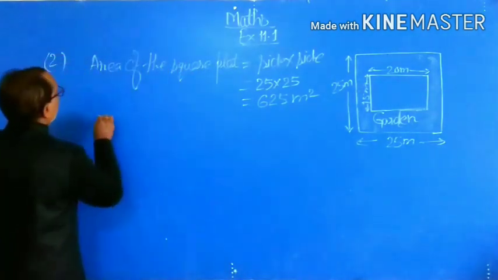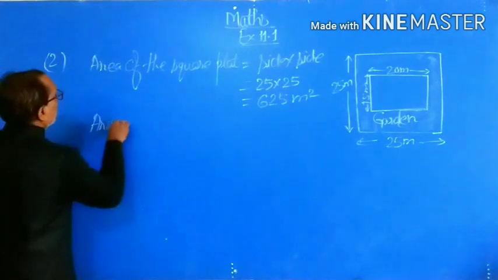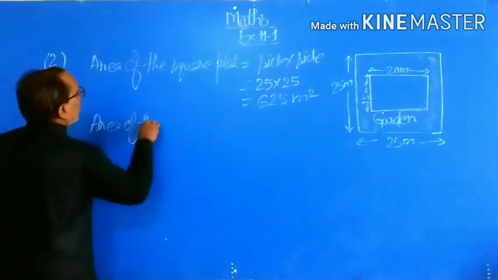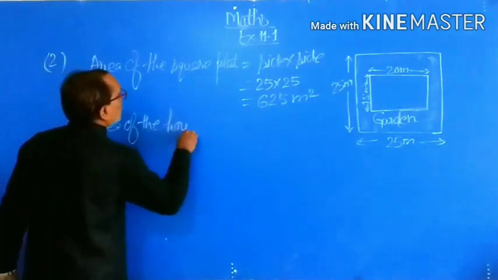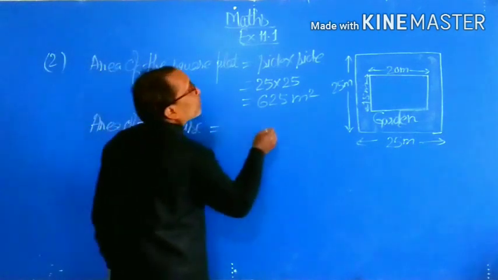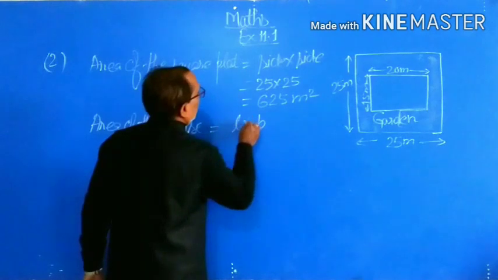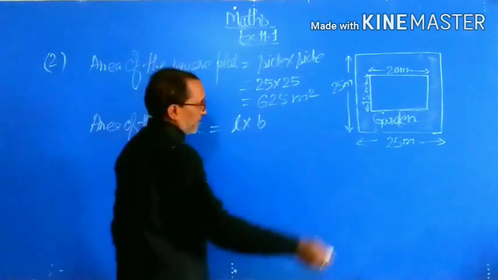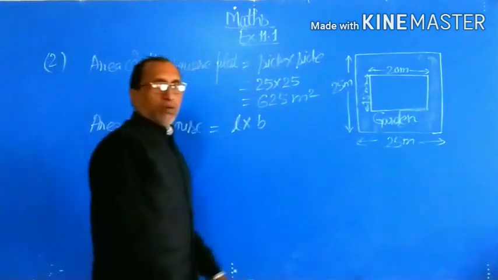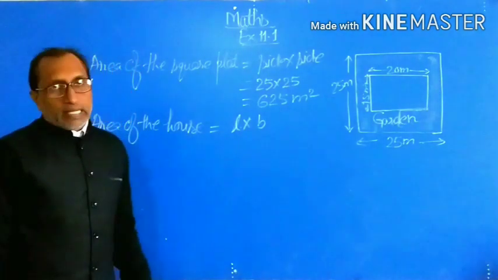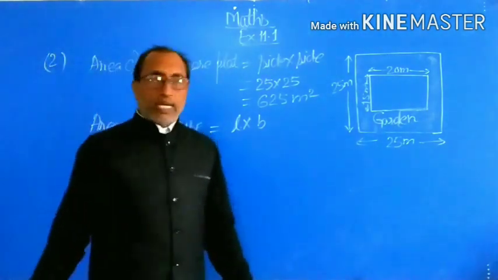Then you find out area of the house, that is equal to L into B. This is a rectangle, so I use here area of rectangle, length into breadth.